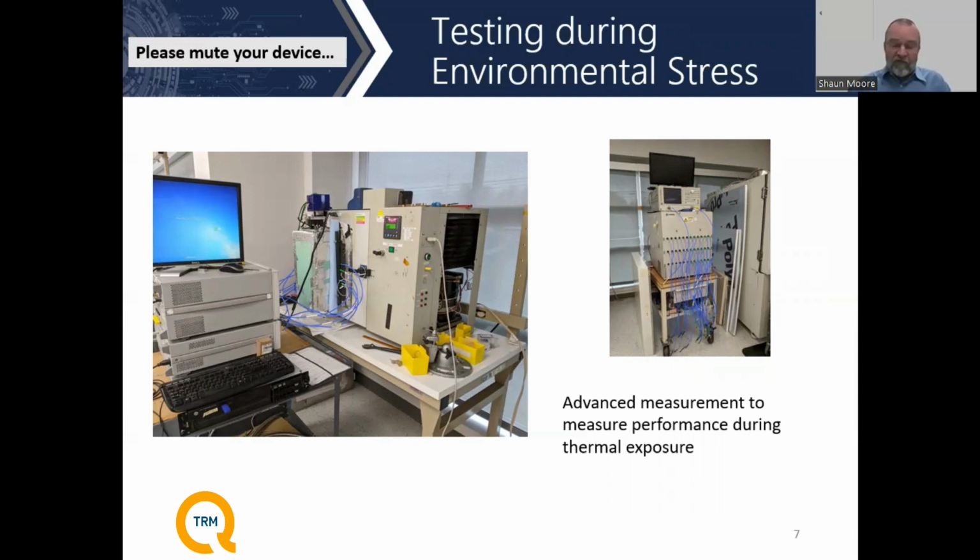Or whether it's during vibration, we can monitor insertion loss during vibration. There's lots of things that we can do here at TRM to verify that these parts will indeed operate per spec over the environments. It's a very important thing to make sure that they do operate over these environments.